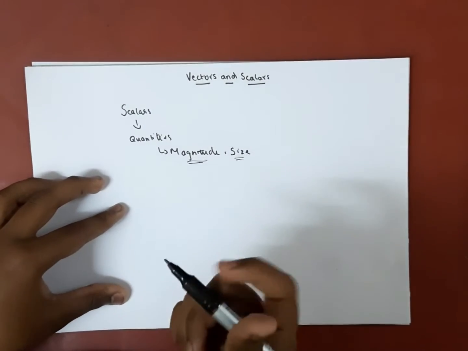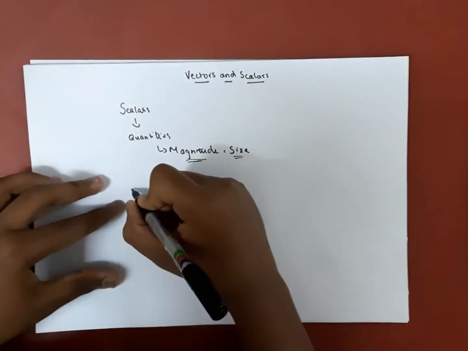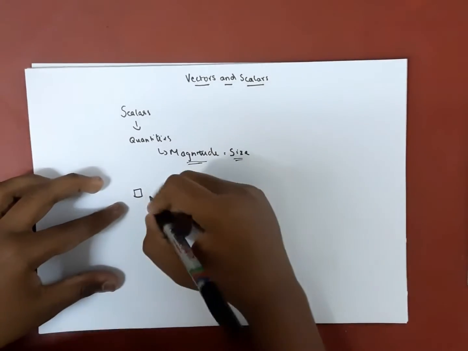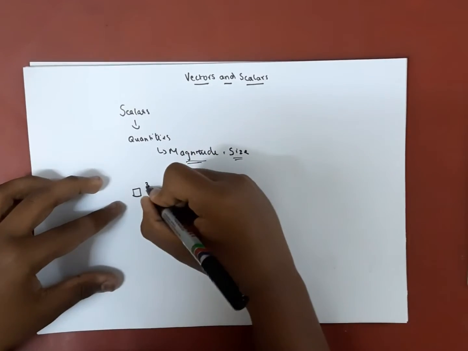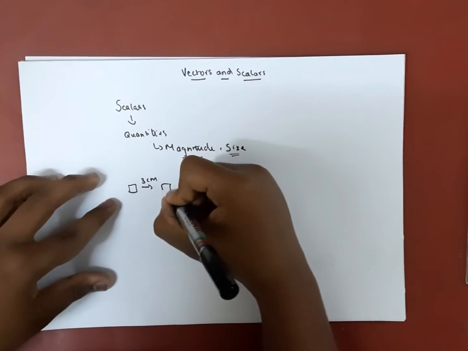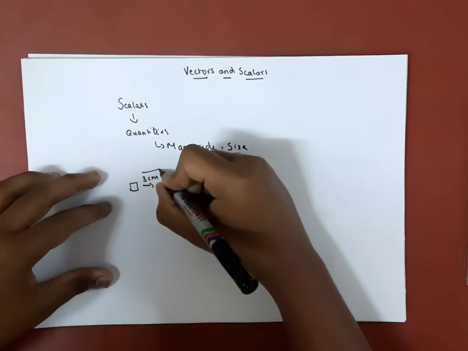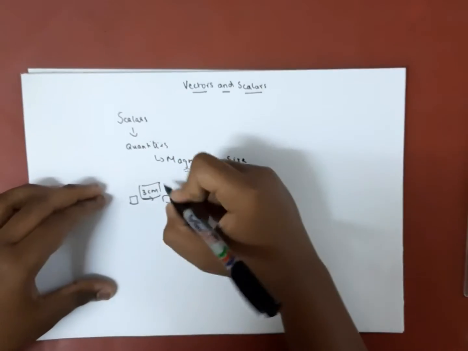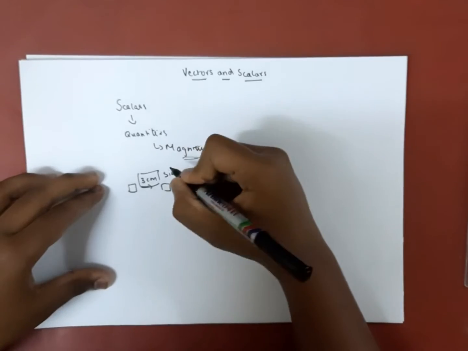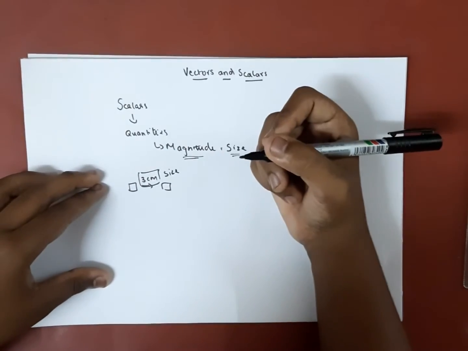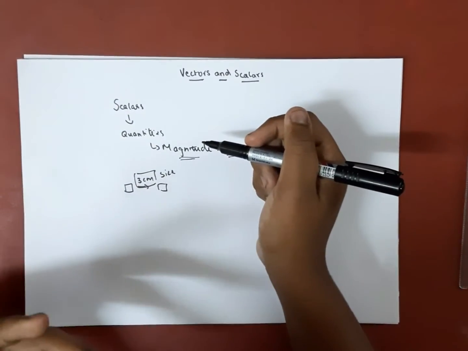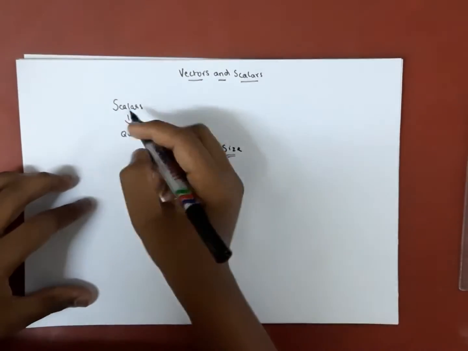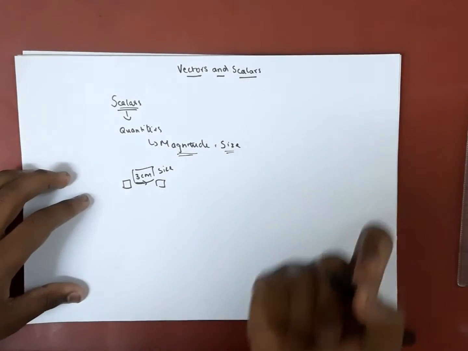If I say that a box has moved 3 centimeters, the distance is 3 centimeters. Then this 3 centimeters is the size, and this becomes a scalar quantity. So scalar quantities are quantities with only magnitude. So that is a really simple definition for scalars.